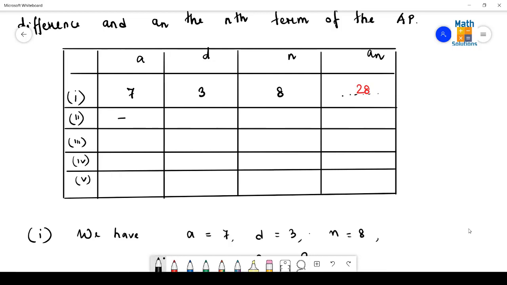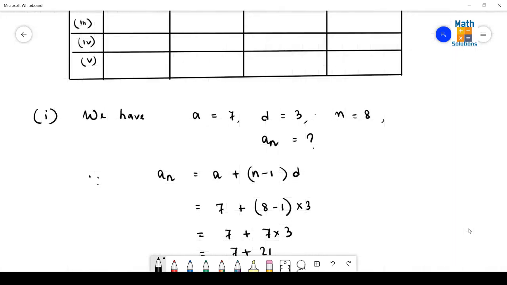Next, the second question is what? In place of a, I am having minus 18. d is not given here, that is to be filled in. Then the value of n is given to be 10. Then the value of a_n is given to be 0. So let's first evaluate, then after we shall be filling up this.